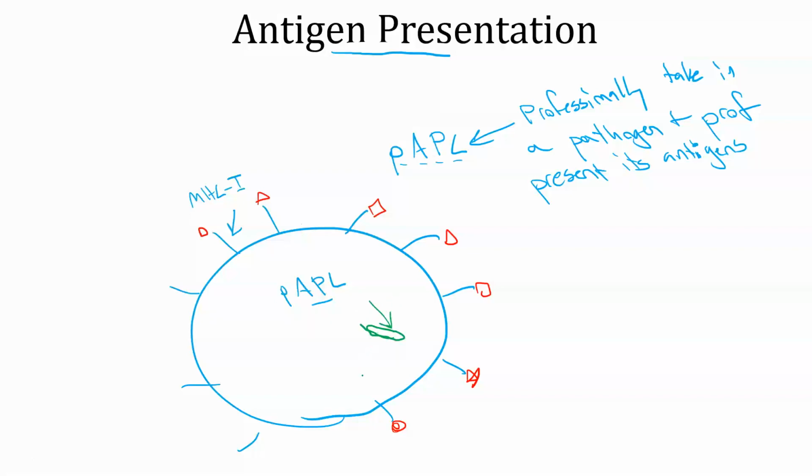Then, if that's what happens, the pieces of this bacterium will still get put out on the surface of the cell to show the whole body what it's found. But the main distinction about how this is presented is that this is not presented on an MHC class 1 molecule. This is presented on something called MHC class 2.